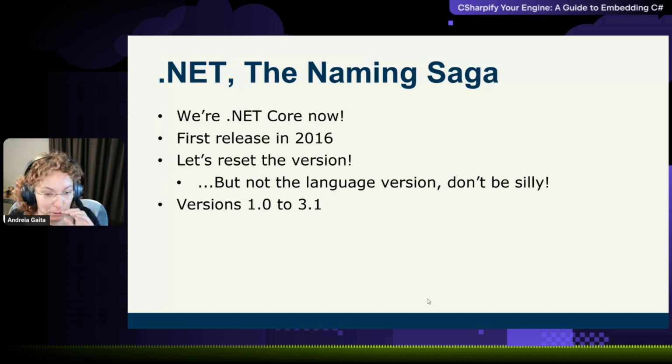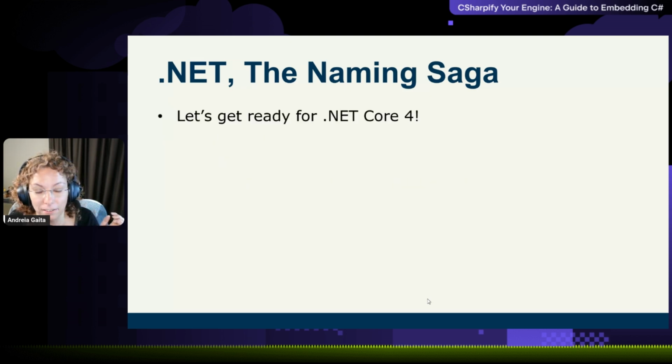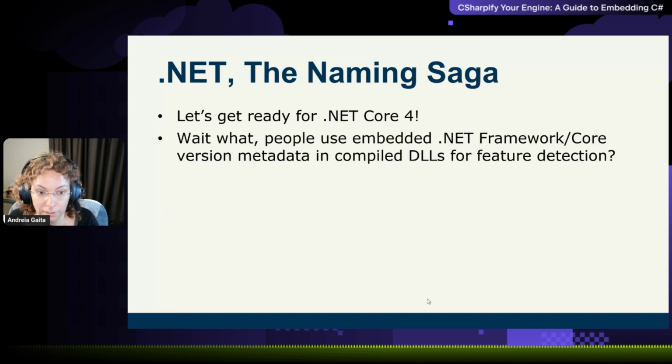.NET Core 1.0 to 3.1, we're good. And then .NET Core 4 was about to happen, and they realized that when people were running code, embedded code, they were looking for the framework version that was stamped into the DLL, saying which .NET version it had been compiled against or was running against.